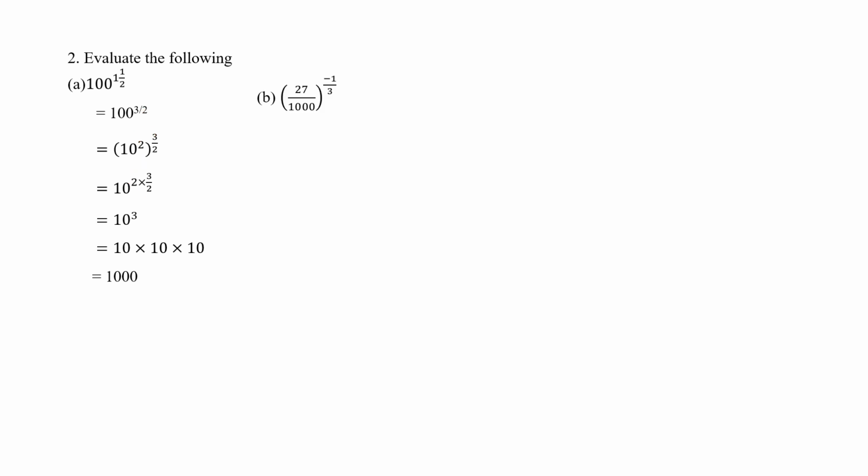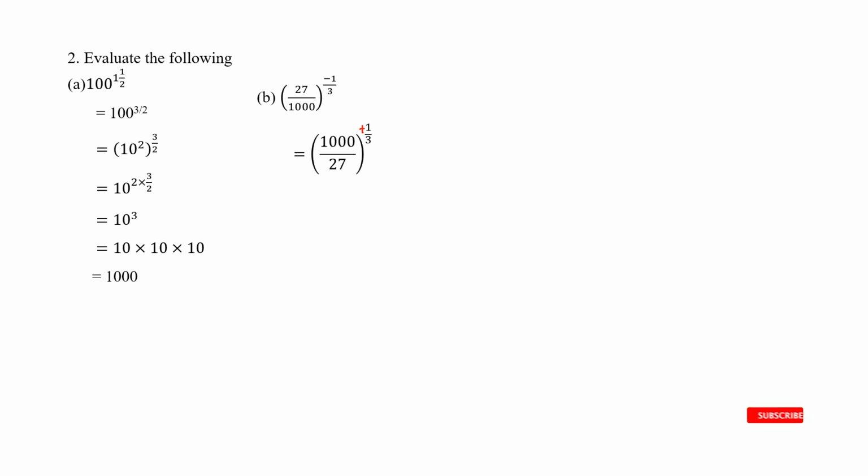Now we go to part B. Our part B is 27 all over 1000, and then in brackets power negative a third. We said when you want to make your power positive, take the reciprocal. So the next step we shall be having 1000 divided by 27, then power positive a third there.